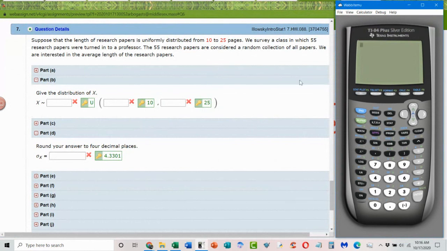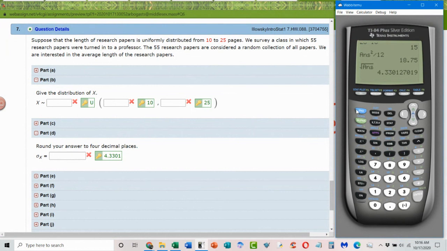So 25 minus 10, we square that, divide by 12, and then we take the square root of that. So second square root, second answer gives us the 4.33.